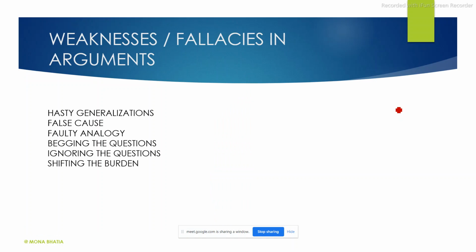Okay, now hasty generalization means a writer resorts to hasty generalization when he has not done his work properly. His argument is based on very small or scanty proof or no proof at all. He quickly generalized that this is how it happens. Hasty generalization happens because of weak evidence or your emotional setup, that you have already generalized that this will happen. So it should not be there.